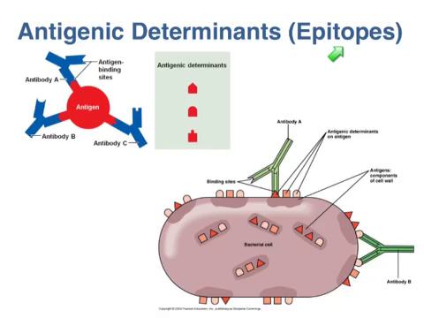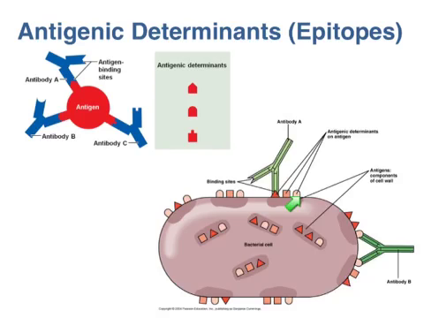So for example, over here you have the triangle epitope, the round epitope, and the little square epitope. Over here on our bacterium you have the triangle epitope, the square epitope, and the round epitope. Right? Now each of these epitopes will stimulate different populations of antibodies and different populations of T cells.